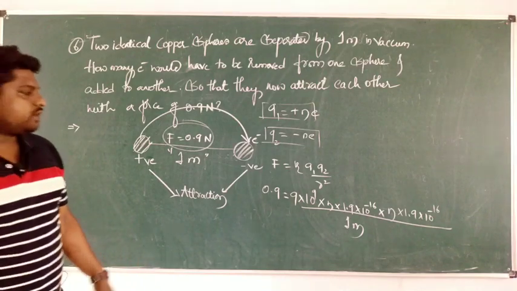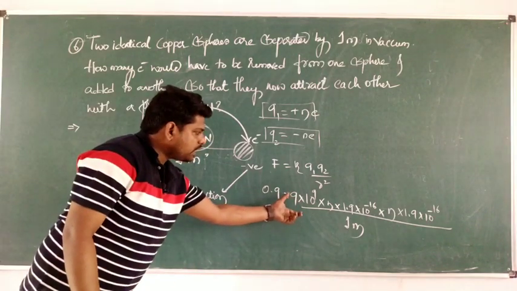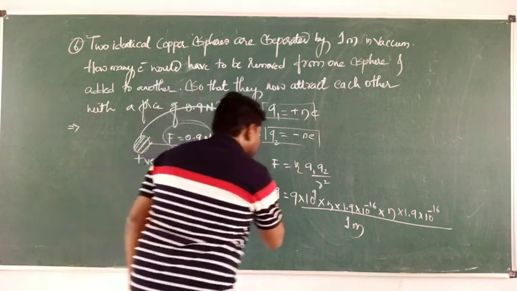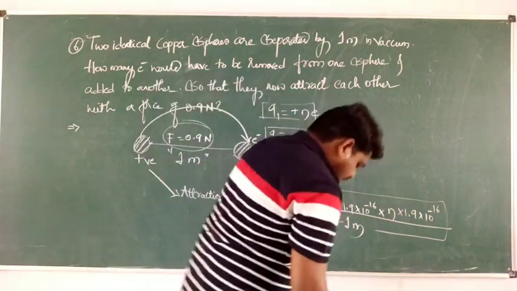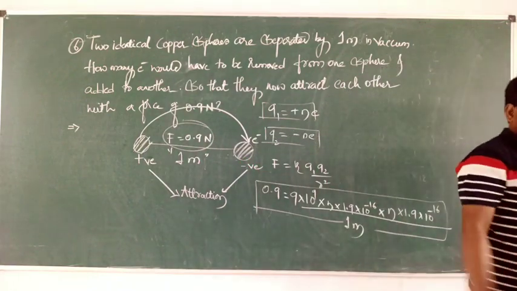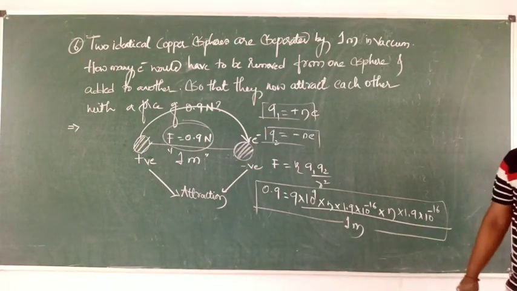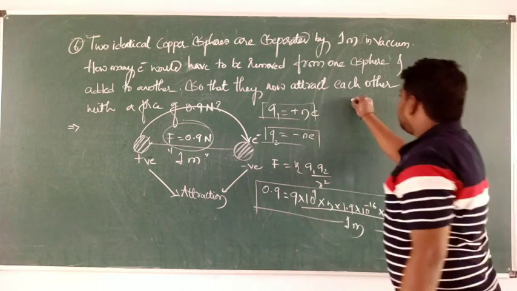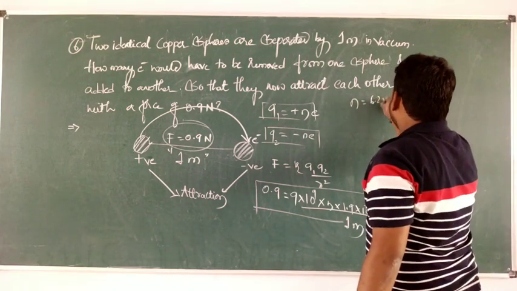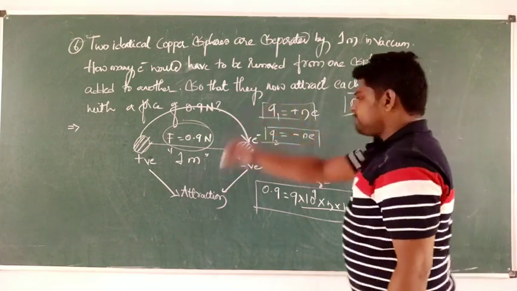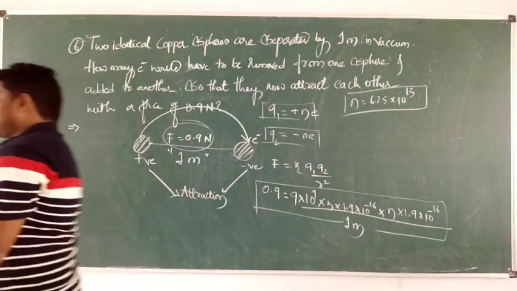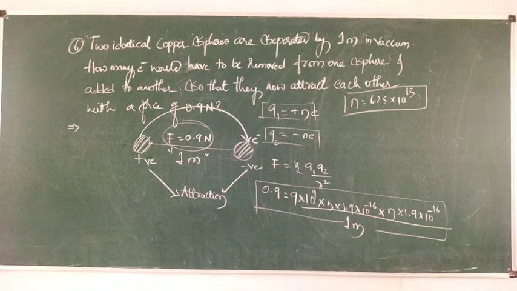After you calculate this mathematically, you will end up with the result: N equals 6.25 into 10 to the power of 13.